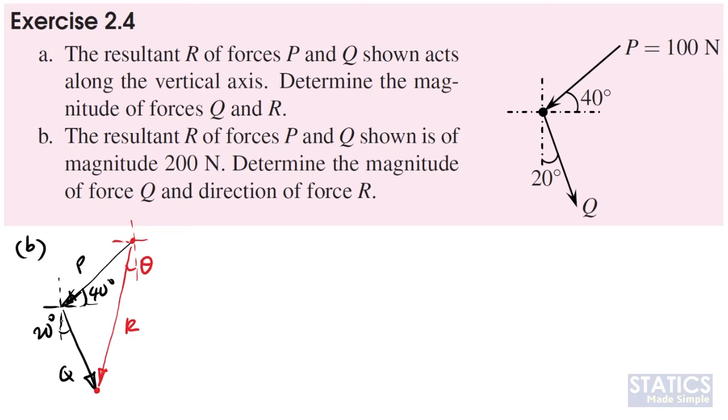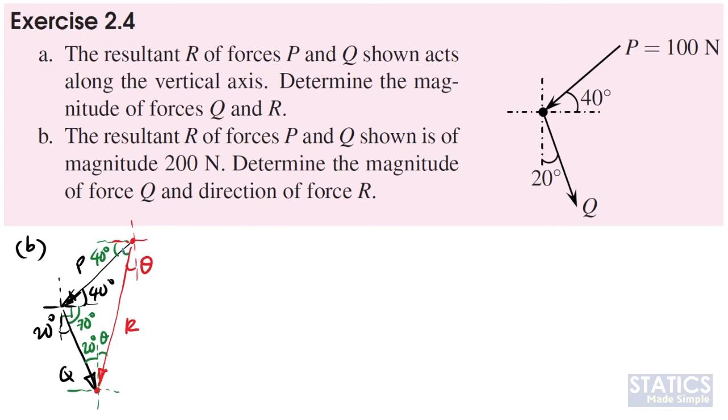Now we have to determine the angles within this triangle. The angle between horizontal and vertical axis is 90 degrees. So the angle here is equal to 90 degrees minus 20, which is 70 degrees. Since the angle here is 40 degrees, the angle here must be 40 degrees as well. The angle here is 20 degrees, while the angle inside here is equals to theta.